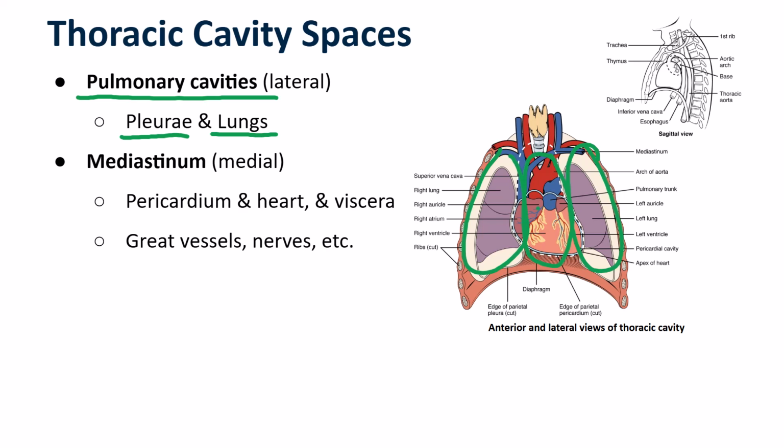The mediastinum is this central region of the thoracic cavity. It contains the pericardium and within it the heart, surrounding viscera, things like the trachea, the esophagus, the great vessels coming off of and to the heart, and any of the neurovascular elements that are serving parts within the thoracic cavity. So, pulmonary cavities and mediastinum.